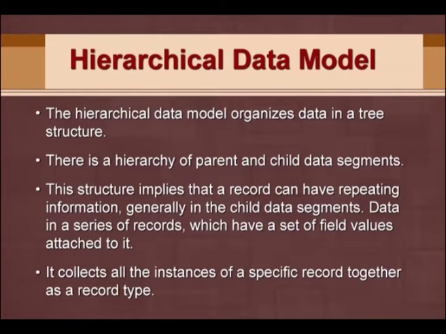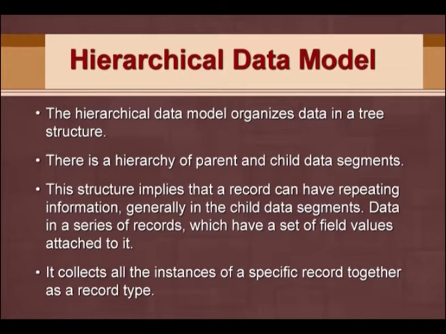Hierarchical data model: this data model organizes data in a tree structure. So, everything we call a node, or else a parent and then the child data segment. This is a hierarchy, a reverse tree structure. This structure implies that a record can have repeating information, generally in the child data segments, data in a series of records which have a set of field values attached to it.